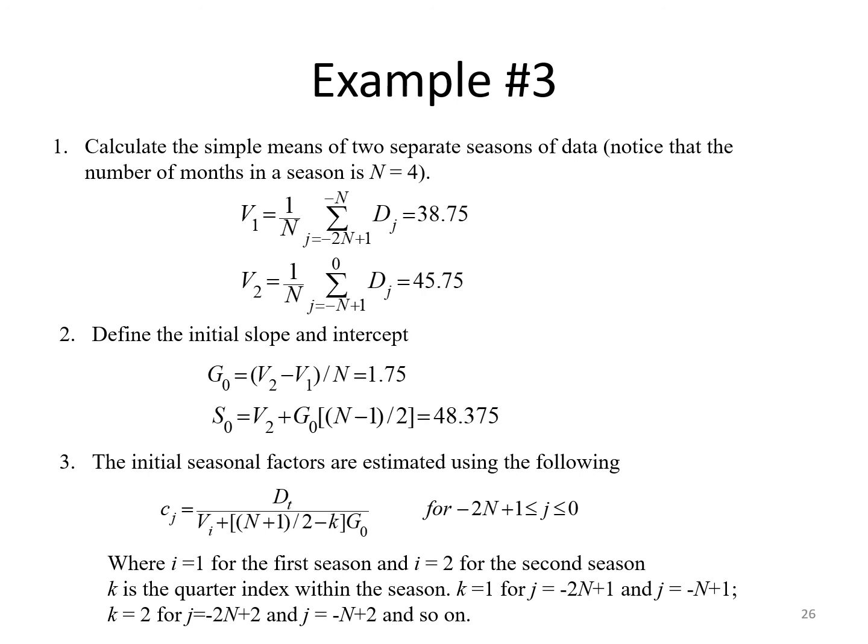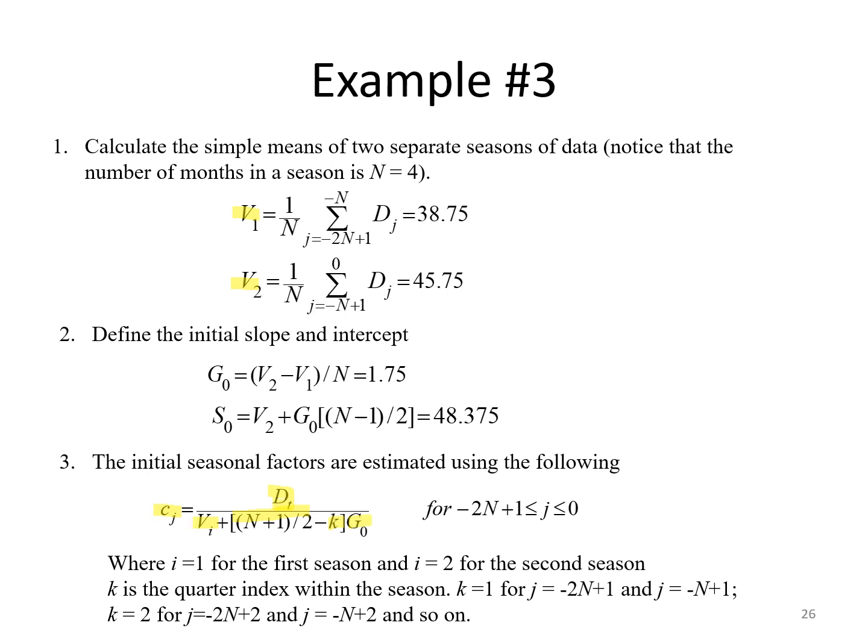As you can see here, we have C sub J, which is the estimated seasonal factor for period J, equals D sub T, the historical demand value at period T, which corresponds to index J. In the denominator, we have V sub I, which equals one of the calculated values, V1 or V2, depending on which season we are talking about, plus (N plus 1) divided by 2 minus K, times G naught.